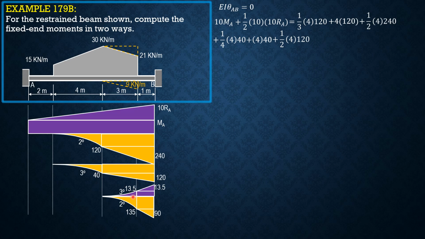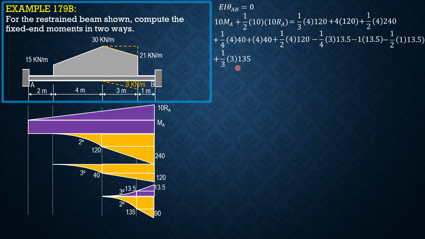Then minus for this spandrel, 1/4 of 3 times 13.5. For this rectangle, minus 13.5 times 1, or 1 times 13.5. For this triangle, minus 1/2 of 1 times 13.5. Then plus for this spandrel, 1/3 of 3 times 135.